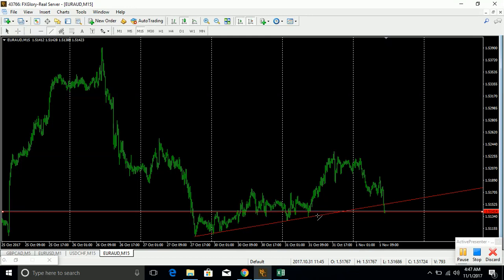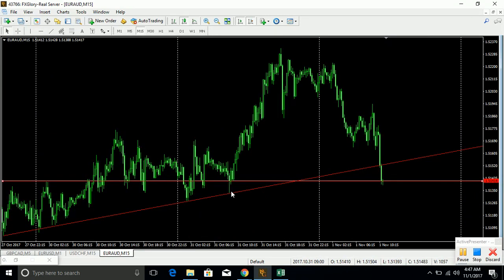I'm sorry, this is the Euro Aussie, not the pound Aussie. First, I want to look at this pair because I noticed it was at a low.